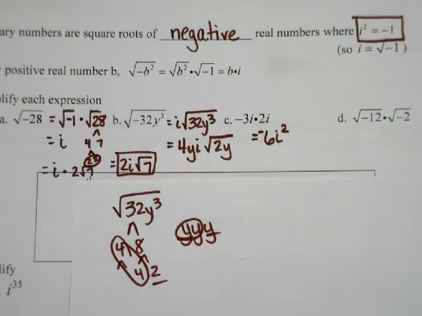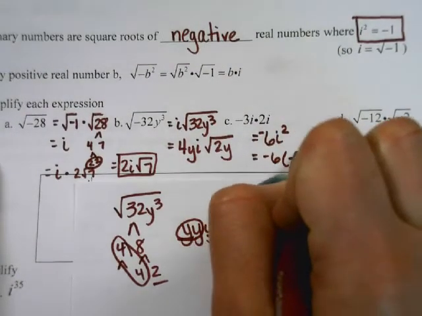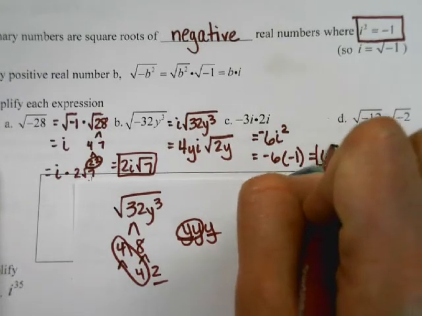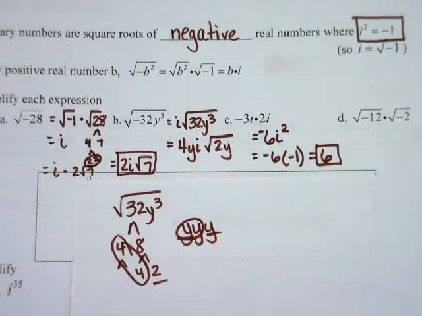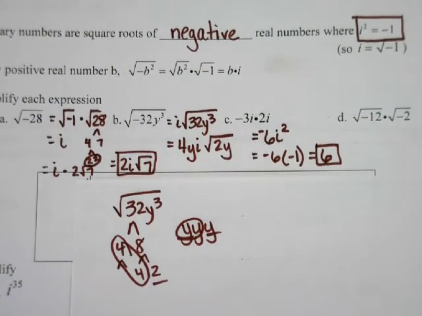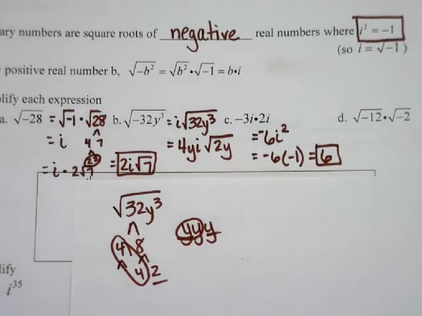So I'm going to replace that with negative 1. So negative 6 times a negative 1 gives me positive 6. I can't leave an exponent on an i in my answer. Oh, because it's negative 1. Yeah. In the radical, and if you multiply it by another negative 1 in the radical, then it's just negative. Perfect. Good job.